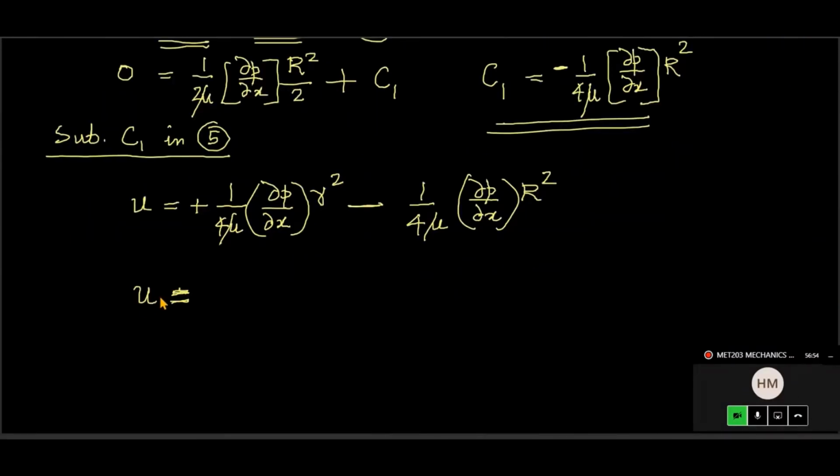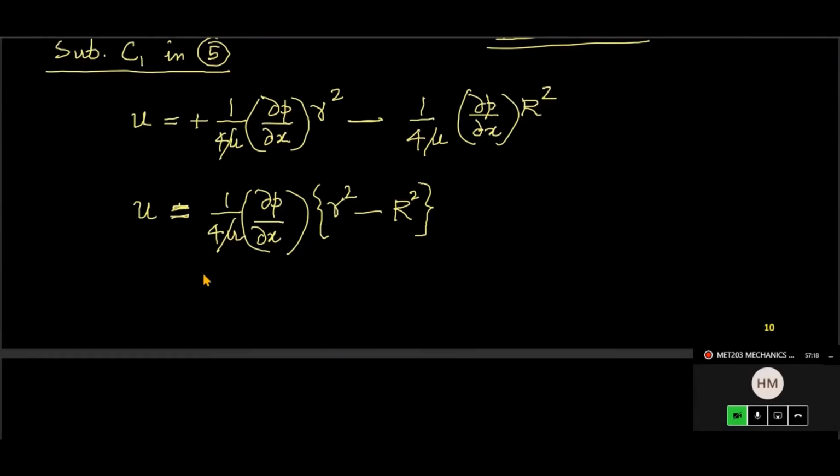Now what normally we do is we take the common terms, 1 by 4 mu ∂p/∂x, out, and then within the bracket what you get is r square minus capital R square. Either we write like this, or we have one more possibility, taking the negative outside: minus 1 by 4 mu ∂p/∂x, because we know that capital R is greater than small r.